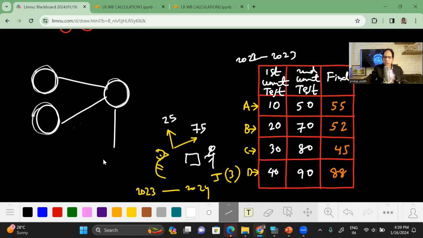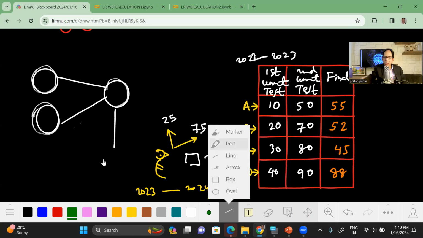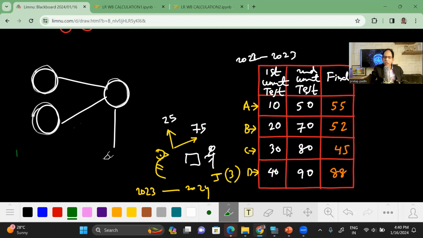Now what will happen is, suppose this one is 10, 50, 55. We'll see if we multiply some number to 10, and some number to 50, and add some number, are we getting 55?